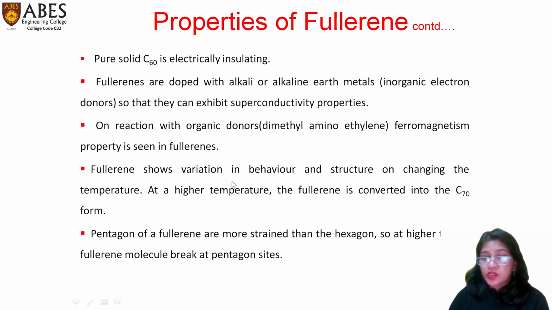Fullerene shows variation in behavior and structure when the temperature is changed. At high temperature, fullerene C60 can be converted to fullerene C70. Whenever the temperature is raised, the attack is on the pentagon sides, because pentagons are more strained than hexagons in the fullerene structure.